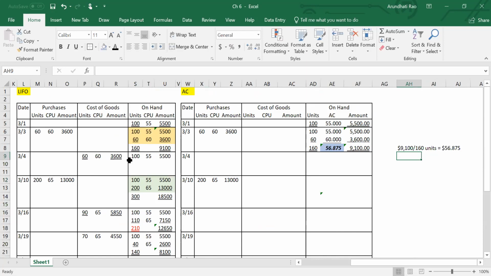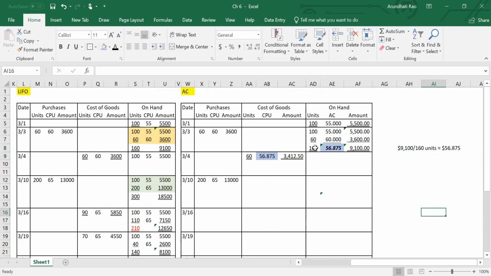I sold 60 units. Okay. Which one did I sell? Did I sell this 100 or did I sell the 60? Well, it doesn't matter. We're just going to take the average cost. You already calculated that average cost and said what it was. So the extension, which is basically 60 times 56.875, will give you 3412.5.